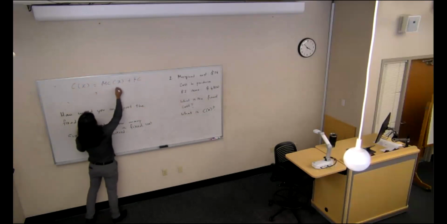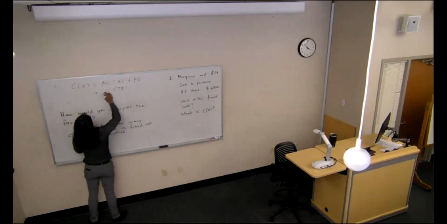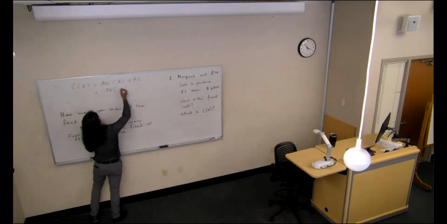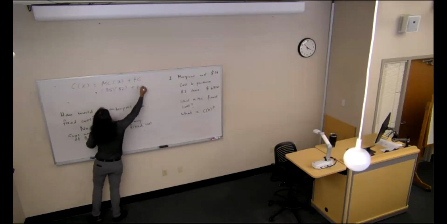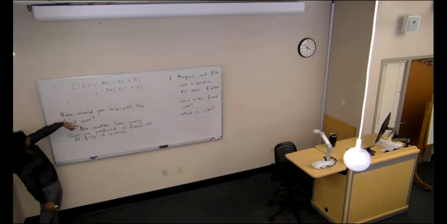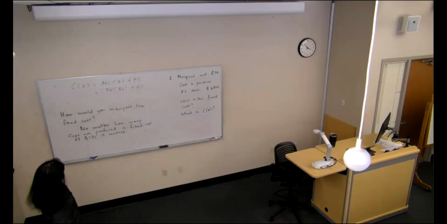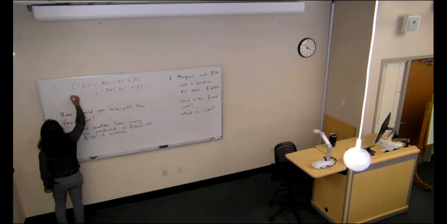So 75, 82. Let's write it properly. What should be on the left hand side? 4,800.